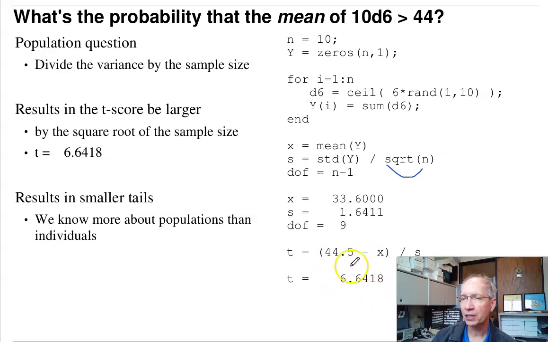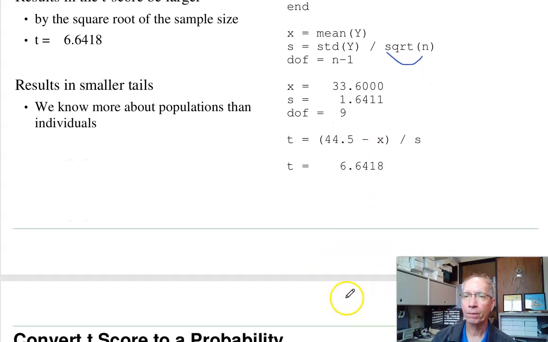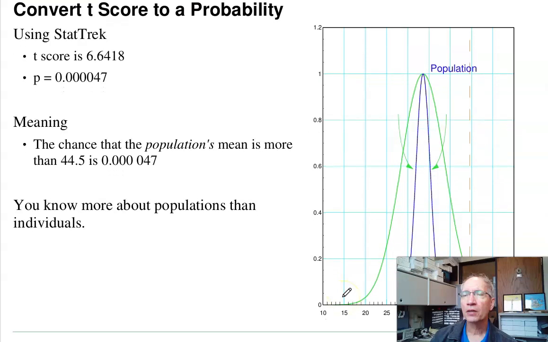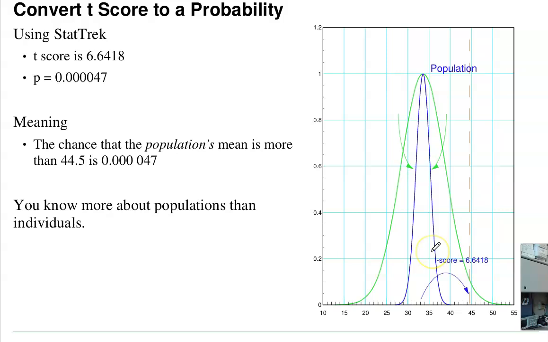It's 6.6 standard deviations away. Converting the t-score to a probability, going to StatTrak, I have 6.64 standard deviations. The probability, the area of the tail, is 0.000047. So there's a 0.000047% chance the population's average is bigger than 44.